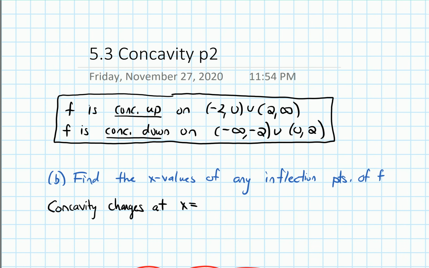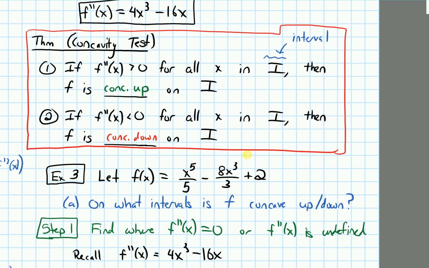So what was our original function? So our original function was this polynomial, and polynomials are continuous everywhere. So let's write that down.